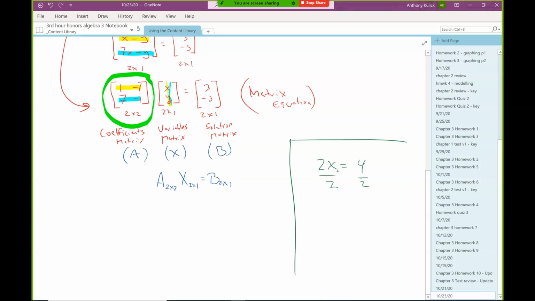Now, is there matrix division? No. So we can't do dividing, but if I said, okay, how would I solve this equation, 2x equals 4, without dividing, what would you do? Multiply by 1/2 to both sides. Everybody okay?